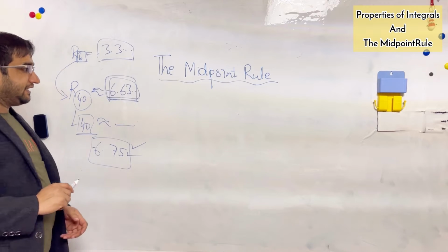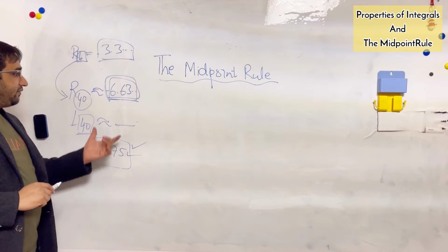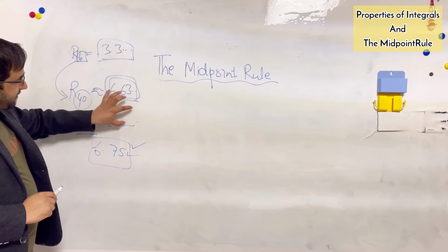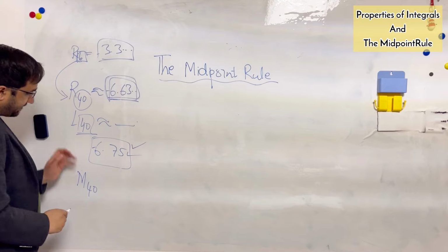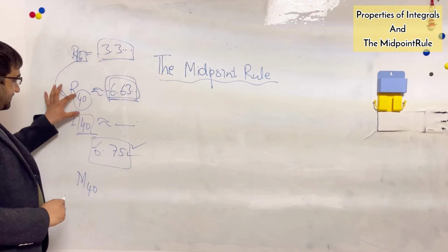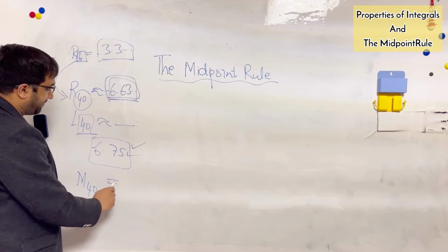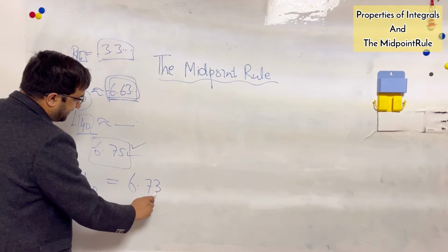But if we apply the midpoint rule, then we can get an even better approximation. If we calculate M40, meaning the midpoint rule for 40 subintervals, the same thing but for the midpoints, then we will get nearly 7.3 something.